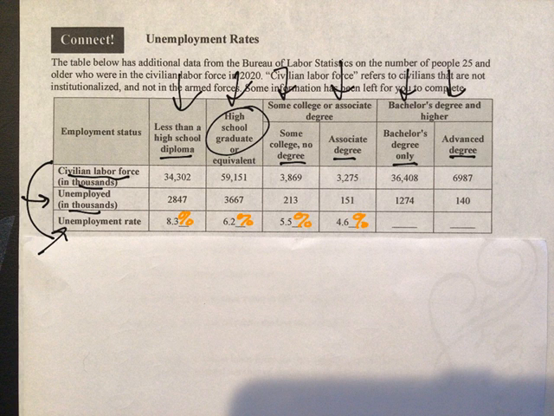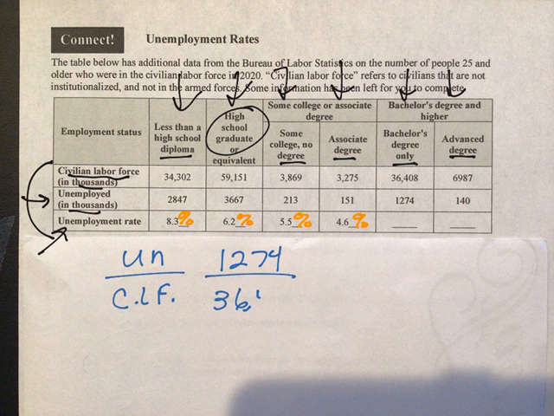To calculate the unemployment rate, we're going to take the unemployed over the civilian labor force. So for bachelor's degree, 1274 over 36408. And because both of these numbers are in thousands, we can just divide and we're golden. So we've got 0.03499.